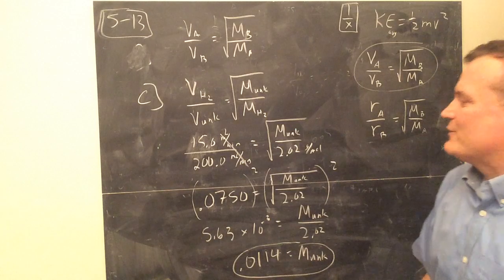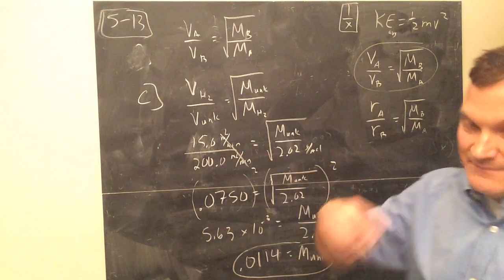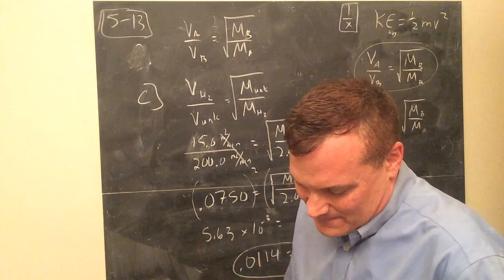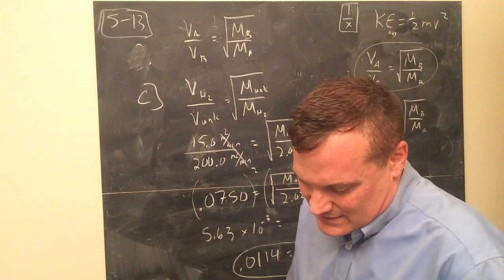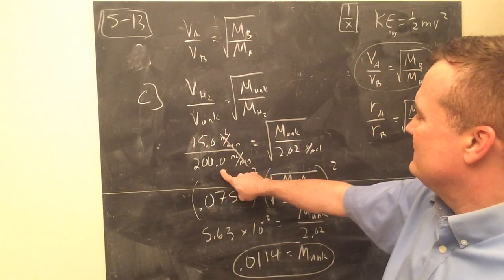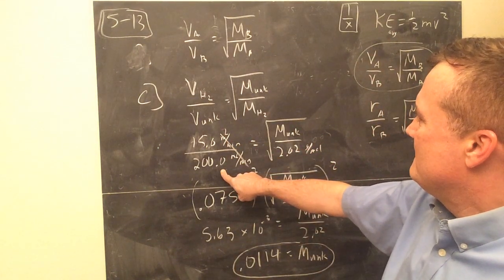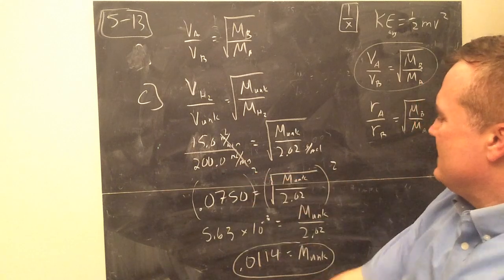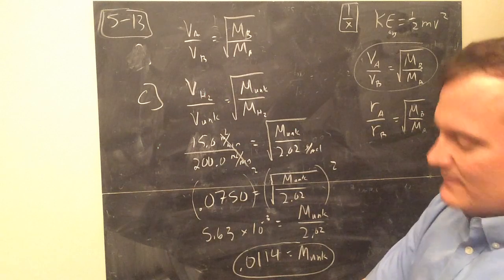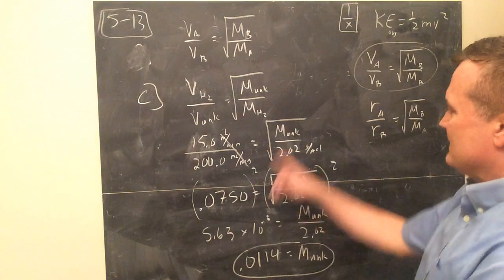Probably I have the numbers backwards in the problem, but did I do the problem right? 15 milliliter per minute for hydrogen, and the unknown is 200. Okay. Oh yeah, that makes sense. Probably I should change the question around for the future, but anyway, I did it right.